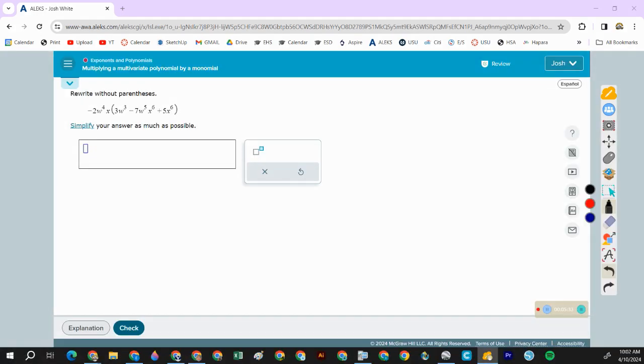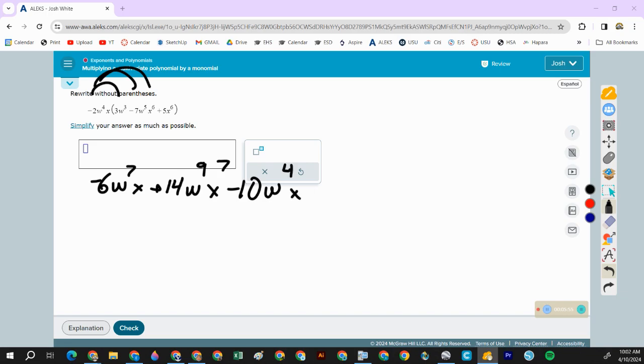All right, and this one is just going to be a bunch of distributions. So -6 w to the 7th x plus 14 w to the 9th x to the 7th plus, or not plus, sorry, minus 10 w to the 4th x to the 7th. And how do we arrange these?